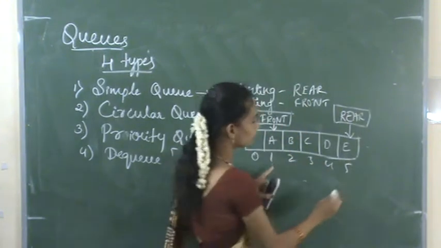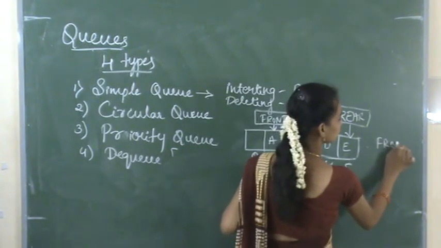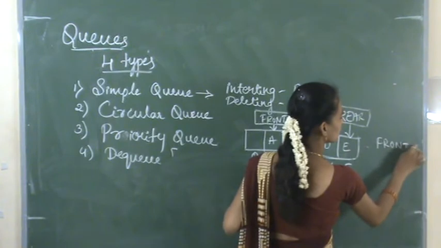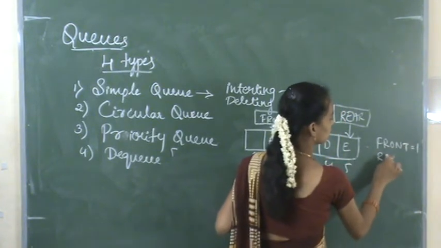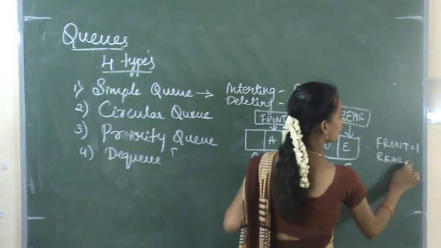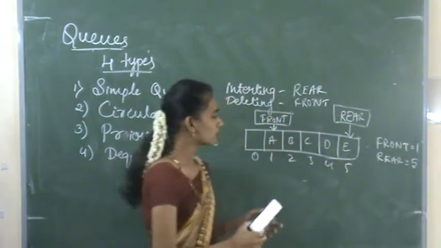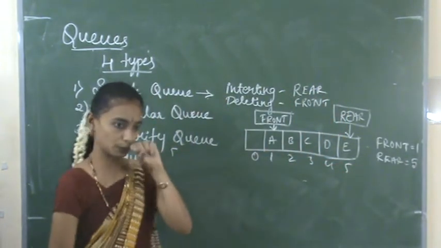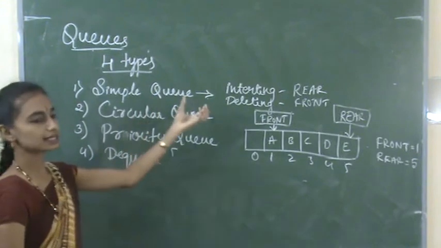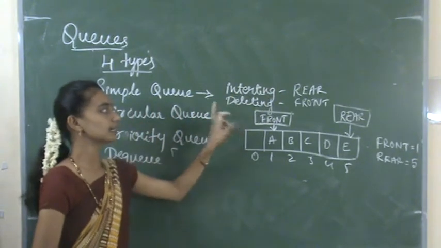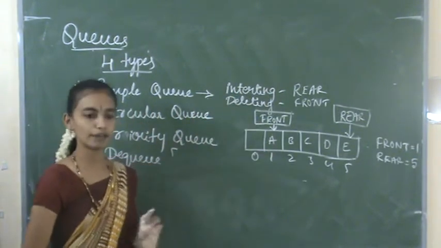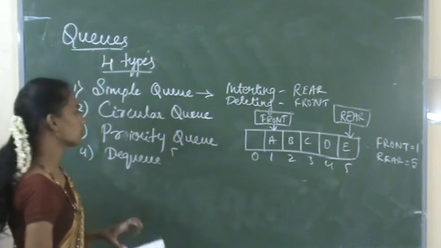Now the front value is 1, rear value is 5. So this we call a simple queue. In a simple queue, insertion occurs at the rear end and deletion occurs at the front end. So this is about the simple queue.